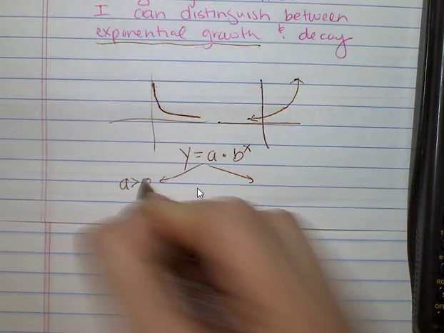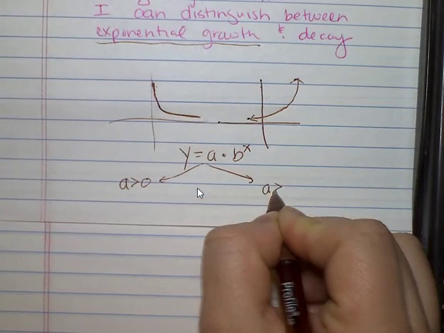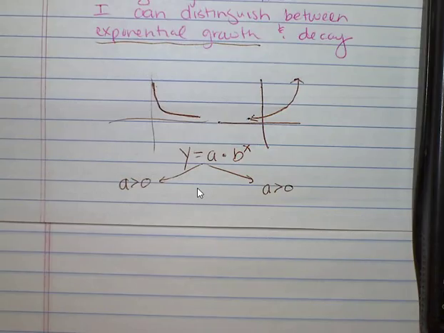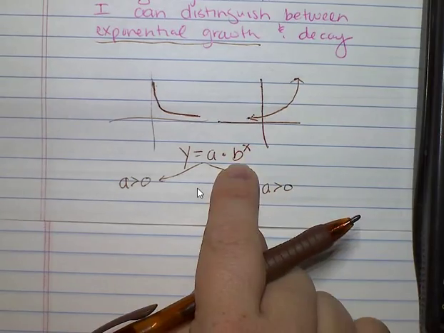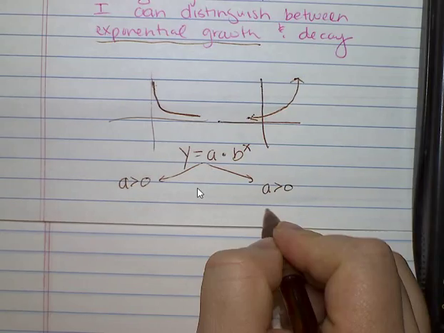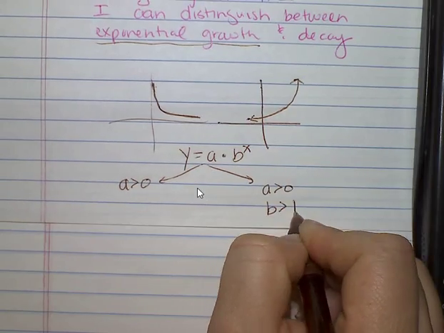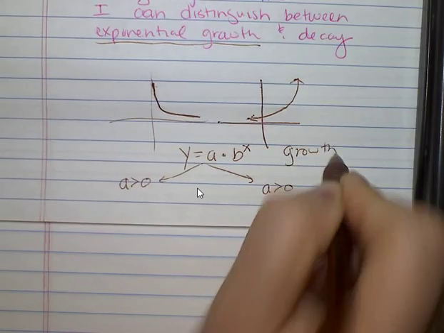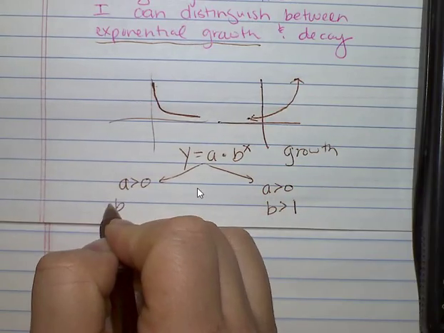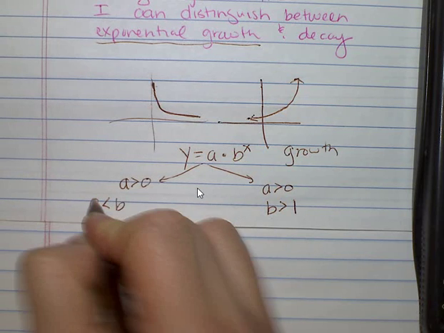We'll talk about reflections across the x-axis later on, but your A value has to be greater than 0. The difference is the B value, the rate. If B is greater than 1, we consider it to be growth. If B is greater than 0 but less than 1, we consider it to be decay.